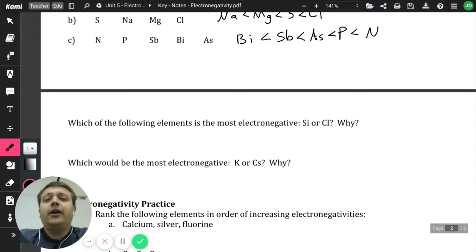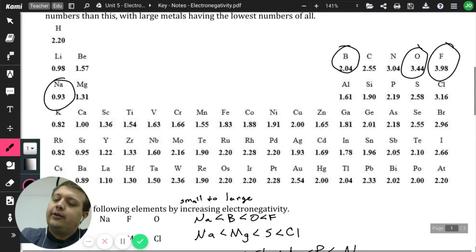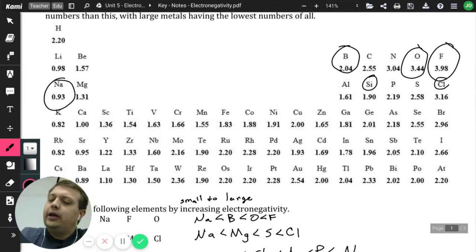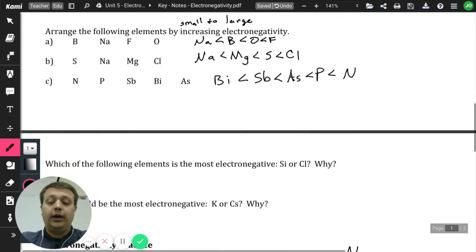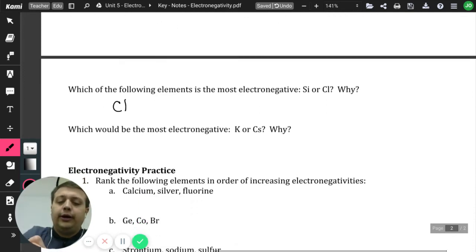So looking at silicon and chlorine, silicon is here, and chlorine is here. So I know that just looking at the numbers, chlorine is going to be the most electronegative. So chlorine, C-H-L-O-R-I-N-E.